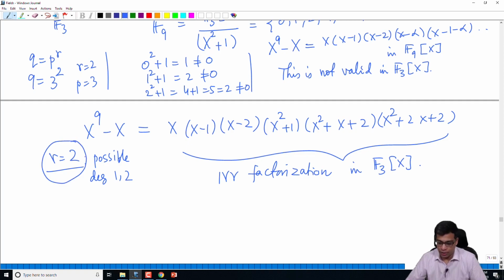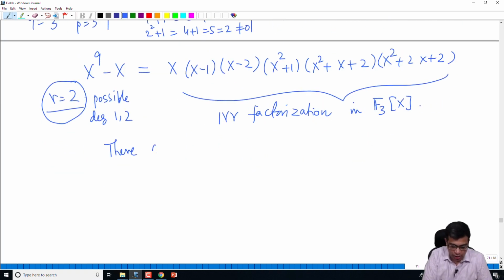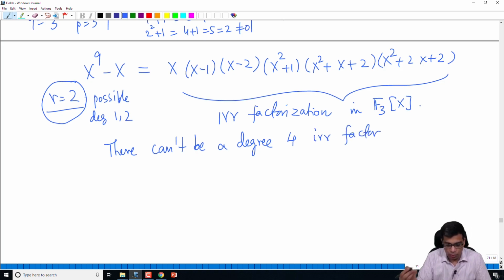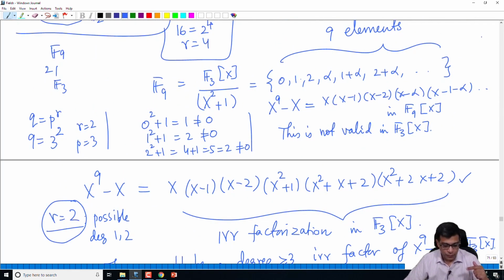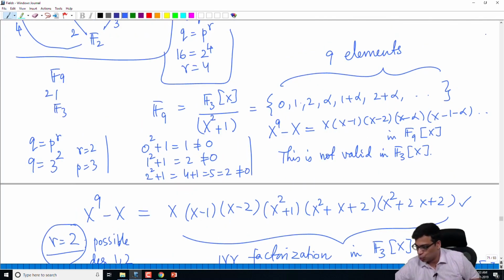So as a separate consequence, there can't be a degree 4 irreducible factor, or a factor of degree greater than or equal to 3, of x power 9 minus x in F3[x]. This is another way of saying this: every factor is either degree 1 or 2. So this is the factorization. This illustrates mainly the last part of the structure theorem, which I proved maybe somewhat quickly, and I hope the examples illustrated that statement.